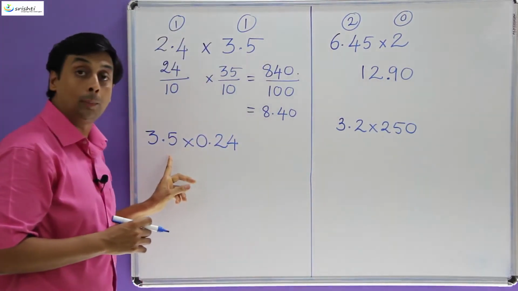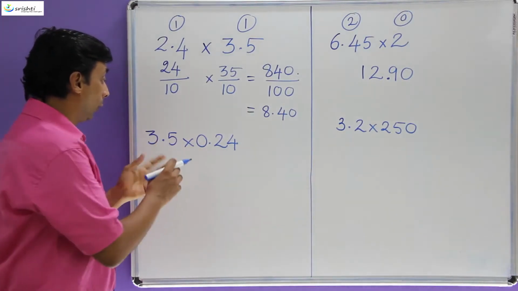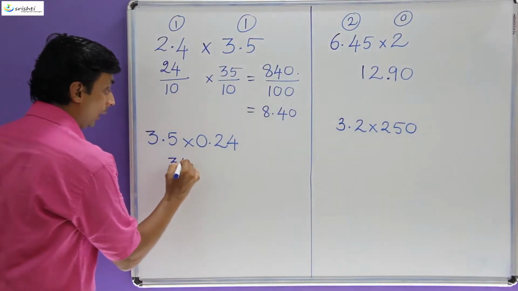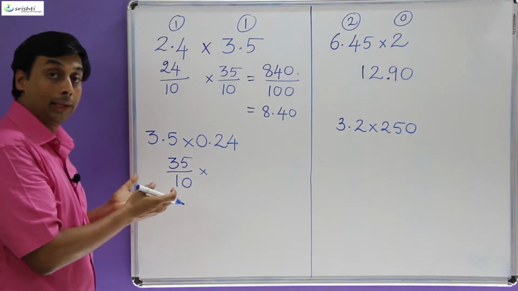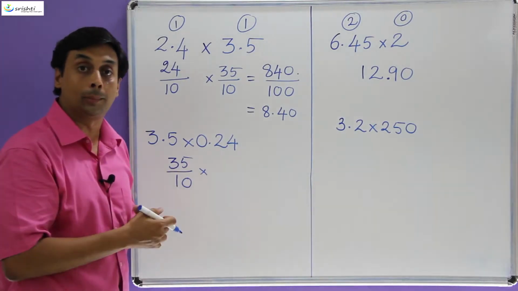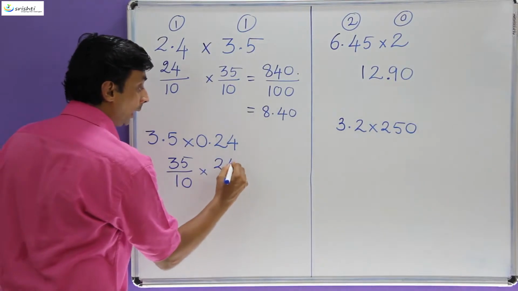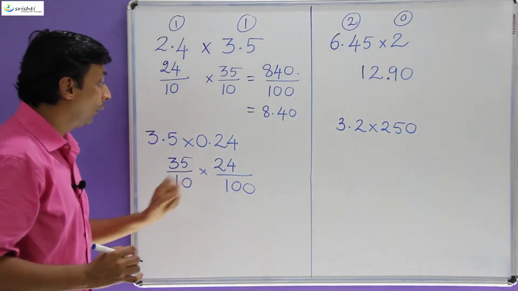Let's calculate 3.5 into 0.24. So one way to calculate it would be, first calculate 3.5 can be written as 35 divided by 10. Okay, I am again trying to show you how the number of decimal places increase, and 0.24 is written as 24 divided by 100. Okay, how much is 35 into 24?